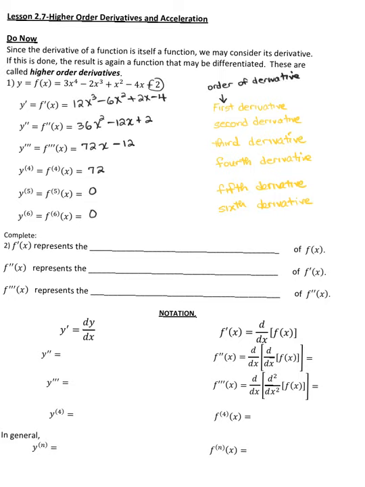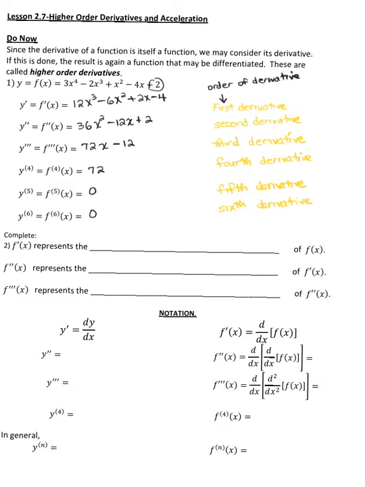So we could say that for a polynomial of degree 4, the fifth derivative and on would be 0.